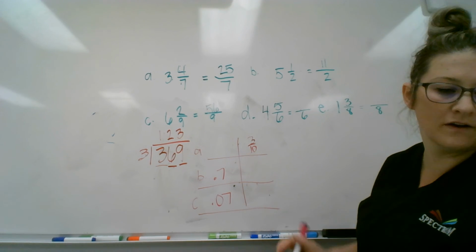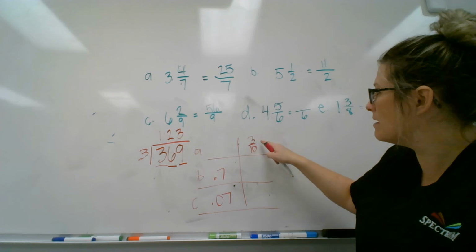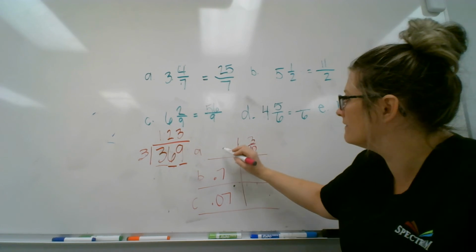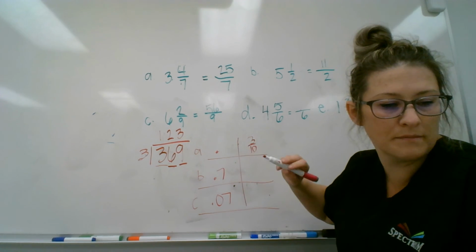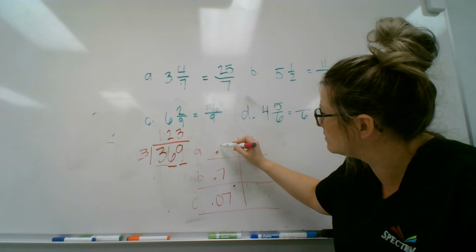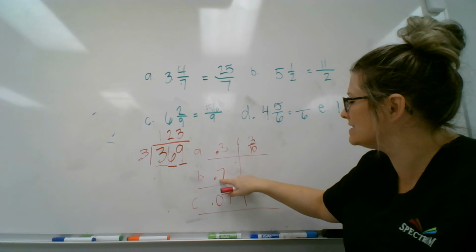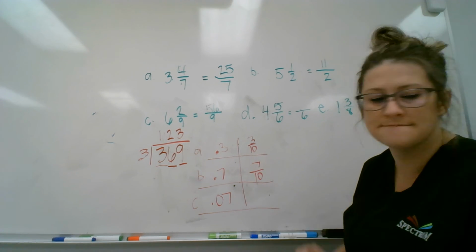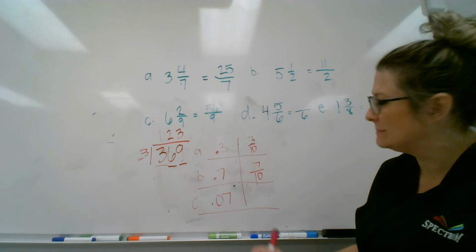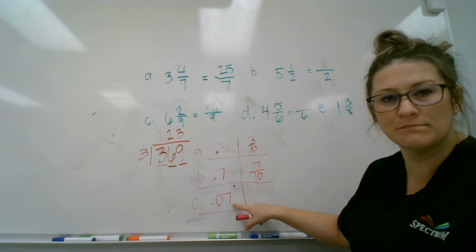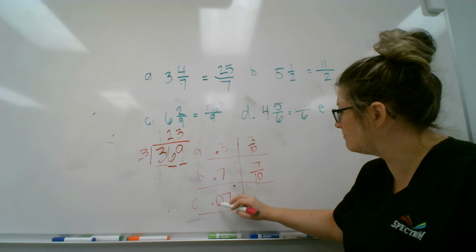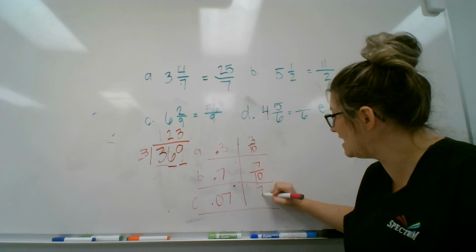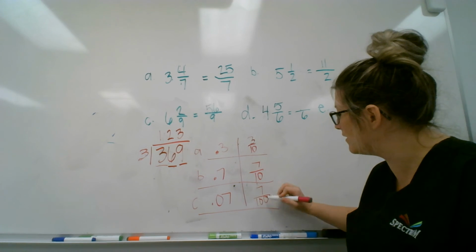And then I have to figure out those fractions, okay? So remember, any number on top of the 10, this would be my decimal, 0.3. Now, 0.7 is going to be 7 over 10. Now, because this is in the hundredths place, instead of 0.07, it's going to be 7 over 100.